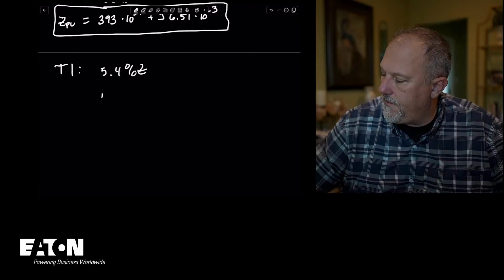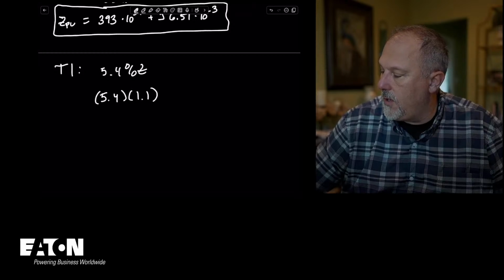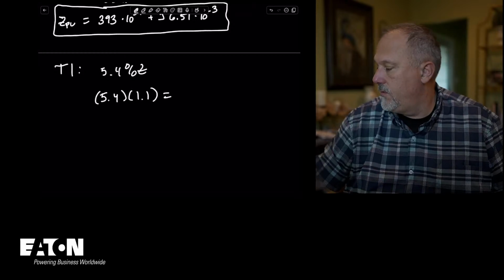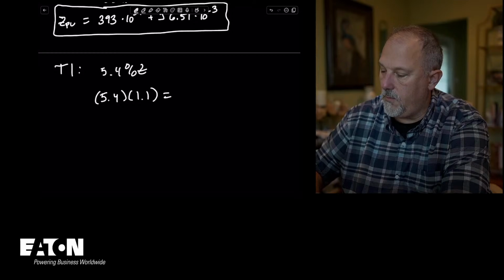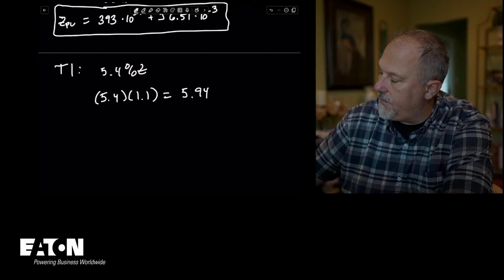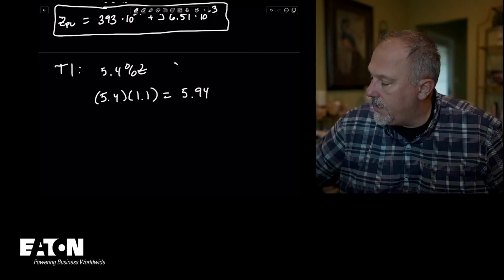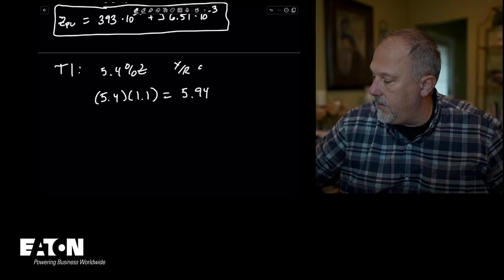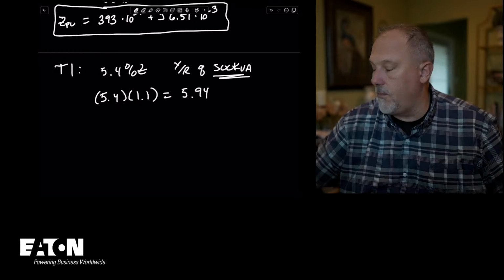So 5.4 times 1.1 equals 5.94. Now, another thing we could do, what is the X to R ratio of a 500 kVA transformer?